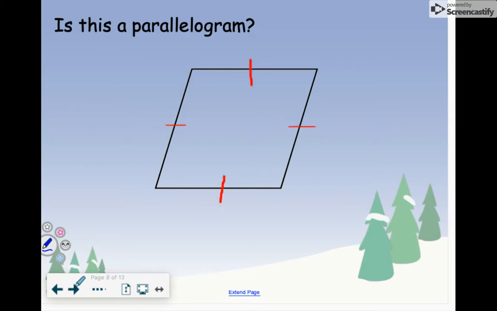Going to our next one here, again, same process, except this time we don't have numbers. We just have, hey, all four of them are congruent. We don't need all four of them to be congruent. We just need that opposite ones are. And if we look here, yes, both pairs of opposite sides are congruent. So yes, this is a parallelogram.